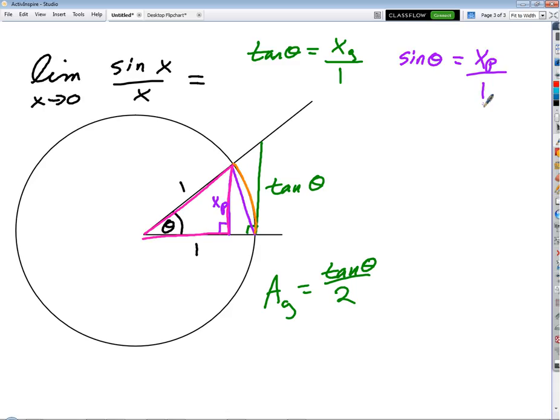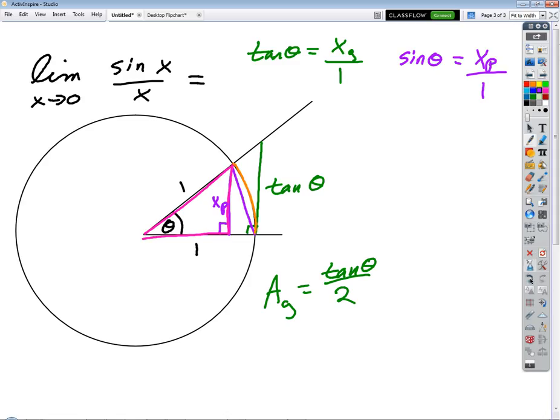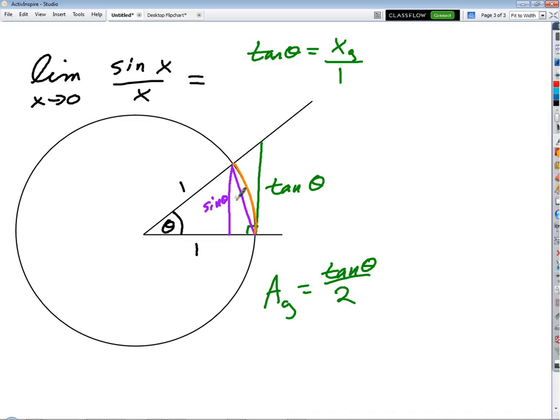So x sub p, the height of that triangle, is really just sine theta, isn't it? So I can go backwards then, and I'll rewrite that. I could write this distance right here as sine theta.